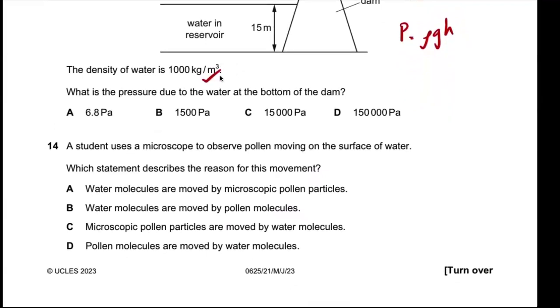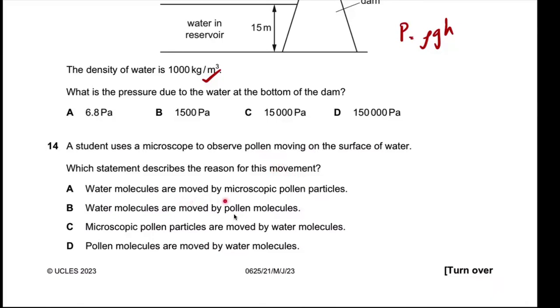14, a student uses a microscope to observe pollen moving on the surface of water. Again, this is something which is related to IGCSE. It's not O levels anymore. This is the idea of Brownian motion. This statement describes the reason for this movement. Water molecules are moved by microscopic pollen particles. So basically, you know that this provides the evidence for the random motion of particles.